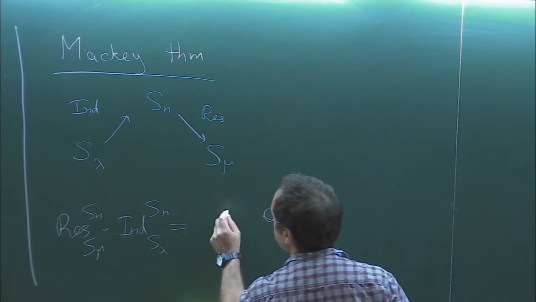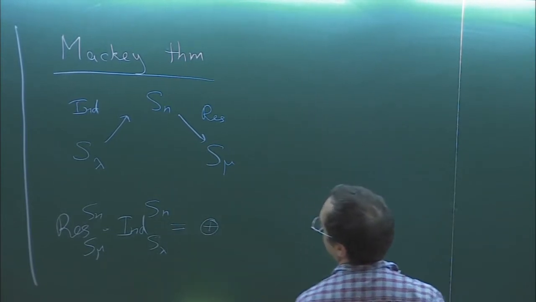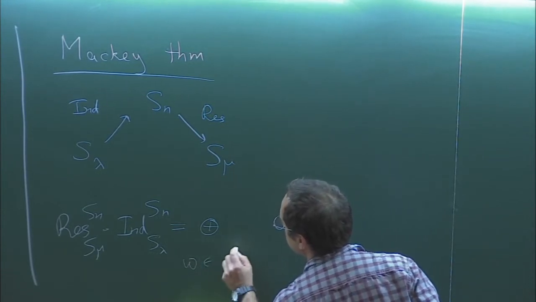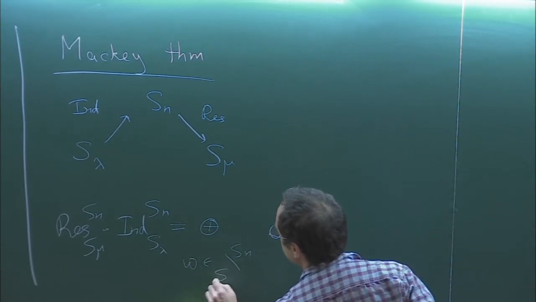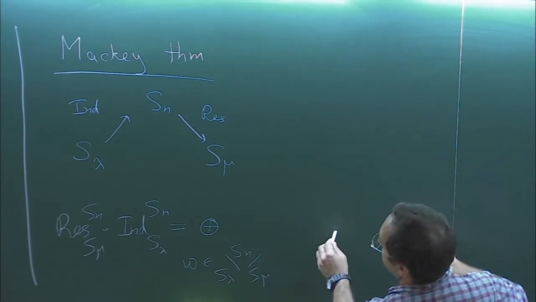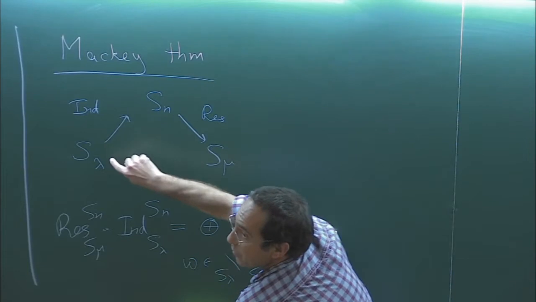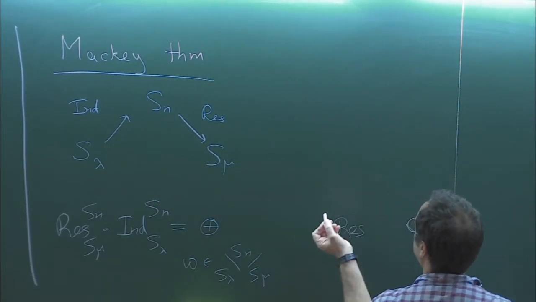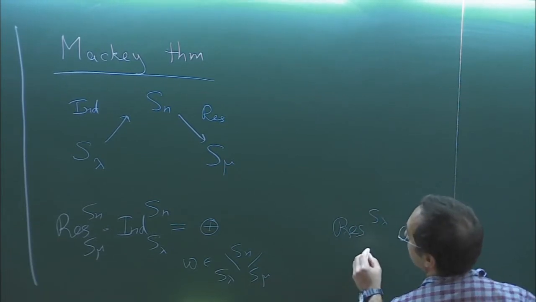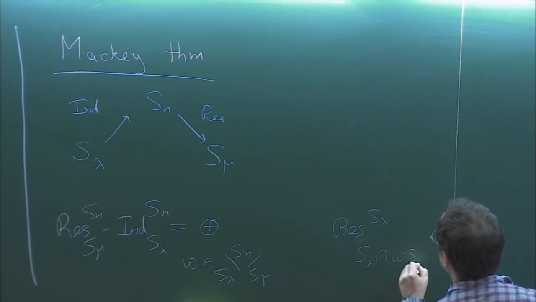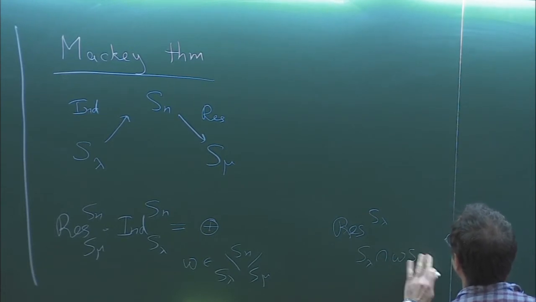So that will be a direct sum over all the elements w in the double cosets S lambda \ Sn / S mu. And then we start by restriction from S lambda, so we restrict from S lambda to S lambda intersected with w S mu w inverse.